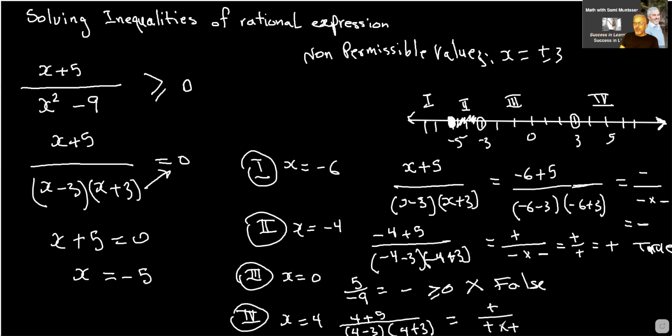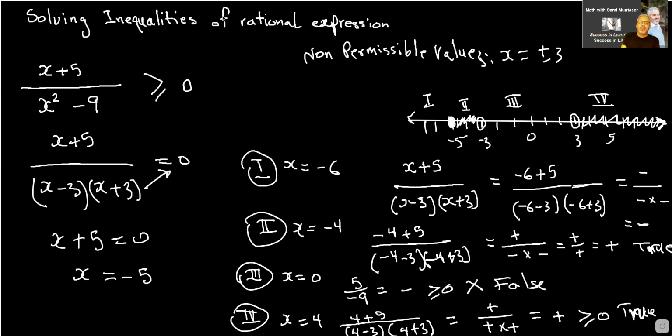So positive over positive times positive is positive. So overall it's going to be positive. Is positive greater than or equal to 0? Yes, true. Any positive number is greater than or equal to 0, so it's true, and therefore you shade in this region right here.